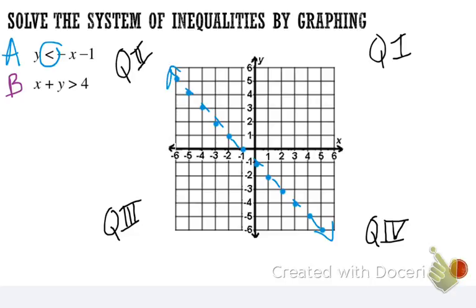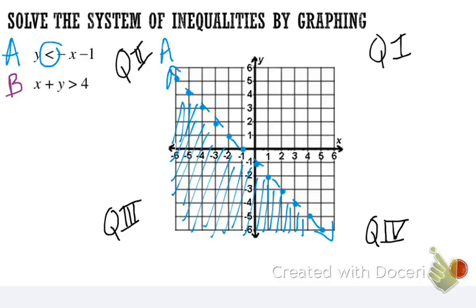Make sure you label it, this is A. And you're going to shade under because it's the less than symbol, so you shade below the line. Very lightly.